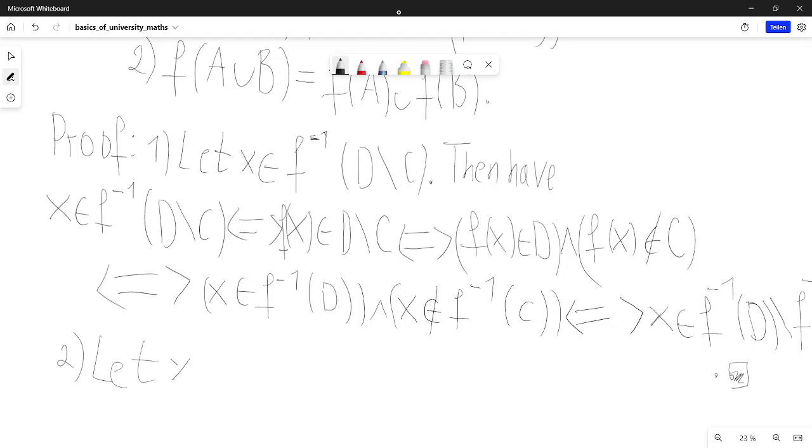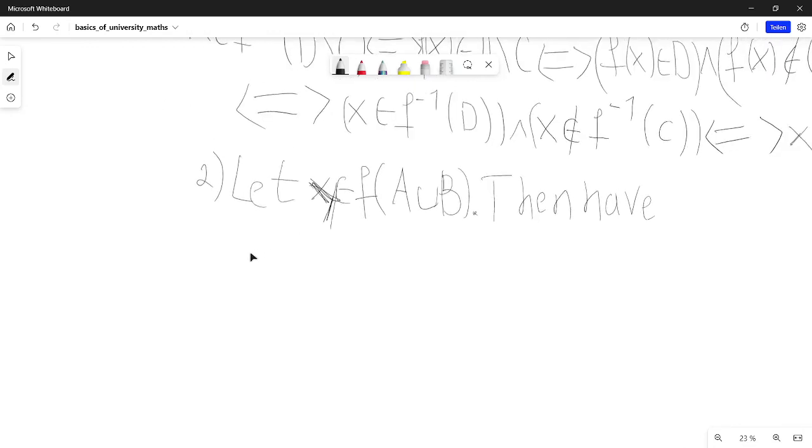Let X element have union B, right? Then have, let's not call it X. Let's call it Y, of course, because we are in Y, so customarily called Y. Then have, just using definitions again.